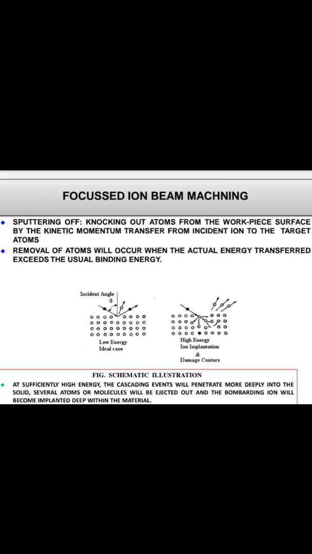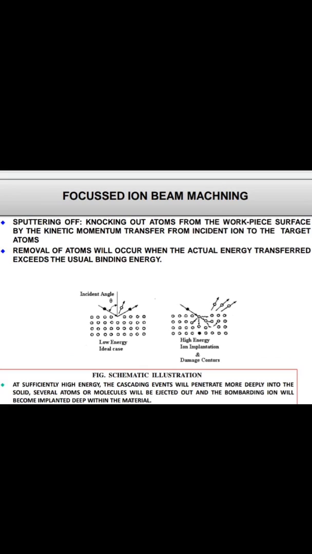Then coming to the application of focused ion beam machining. It can be used in micro and nano machining because of the small material removal rate. One of the important applications is preparing samples for transmission electron microscopy. Focused ion beam milling has the ability to produce ultra thin and uniform lamella that are electron transparent and can be used for sample preparation.